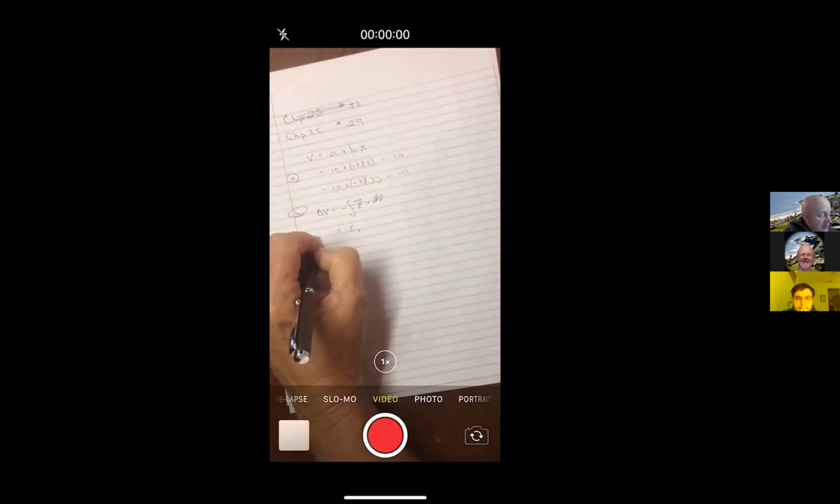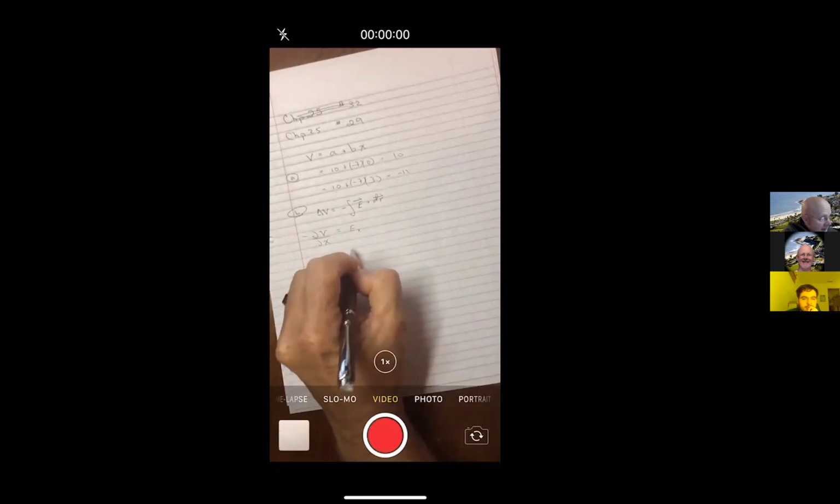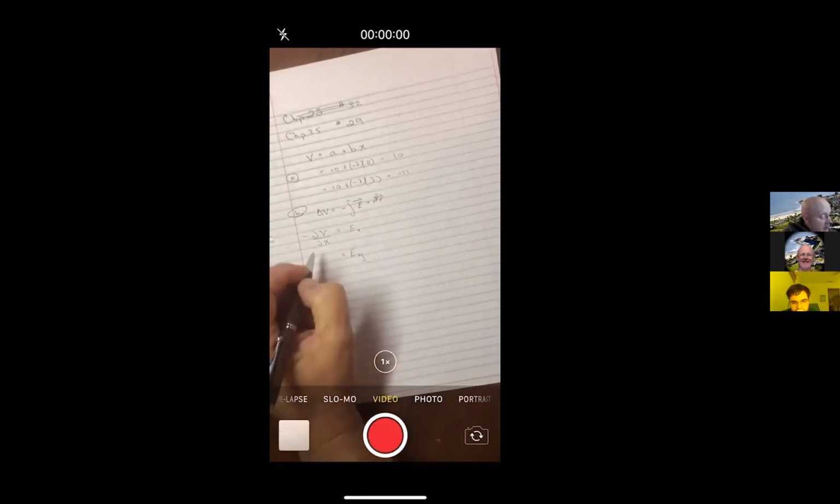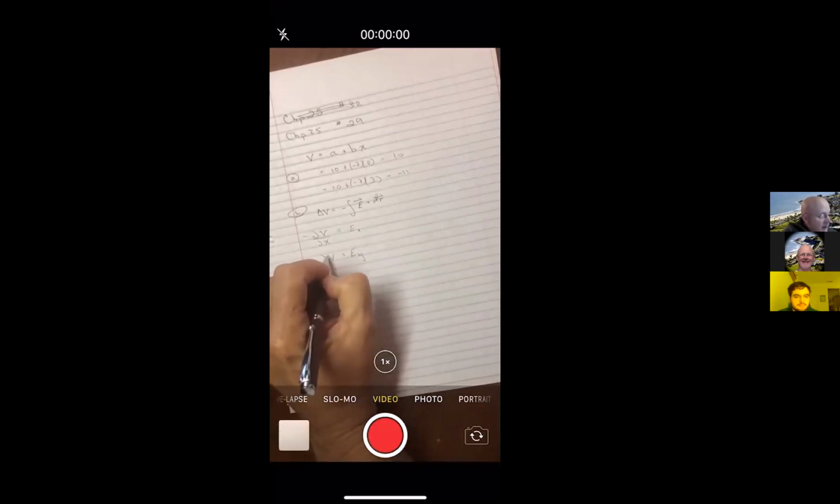So you have to take the derivative of the potential with respect to x with a negative sign, if I brought the negative to the other side, to get the electric field in the x direction. Likewise, to get the electric field in the y direction, you would have to take the derivative of the potential with respect to y.